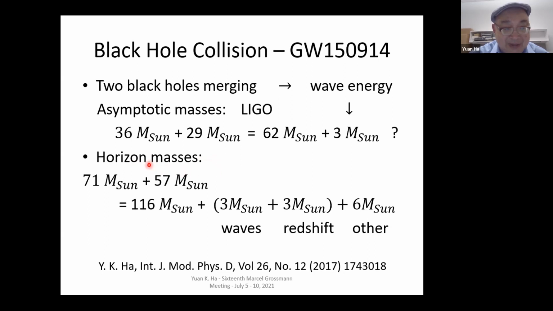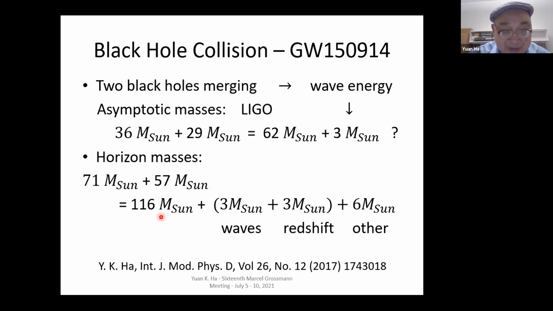By calculating the horizon mass for the two black holes, we found that one has a mass of 71 solar mass units. The second one has 57 solar mass units.